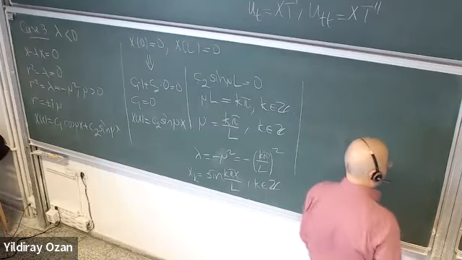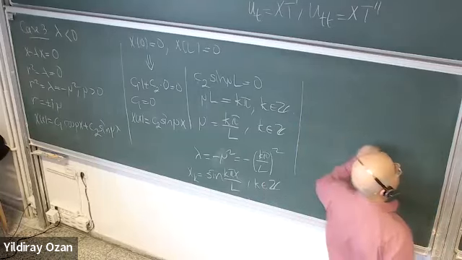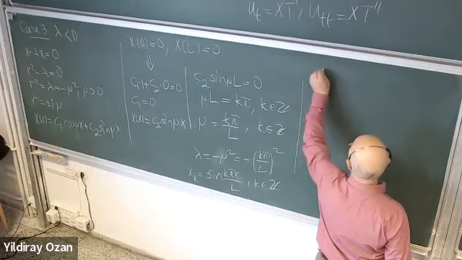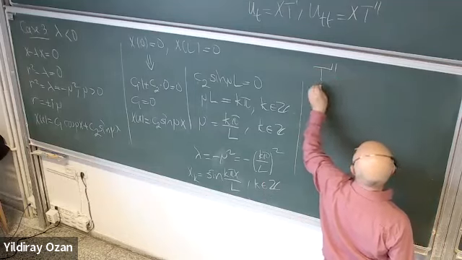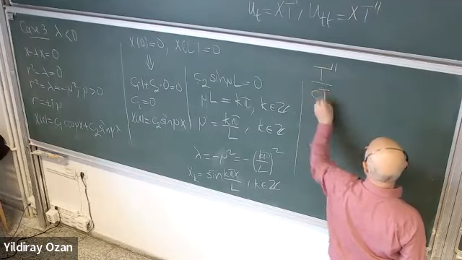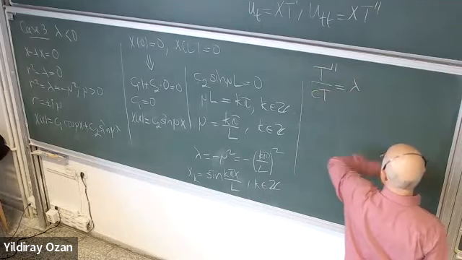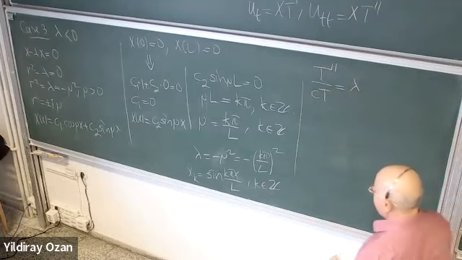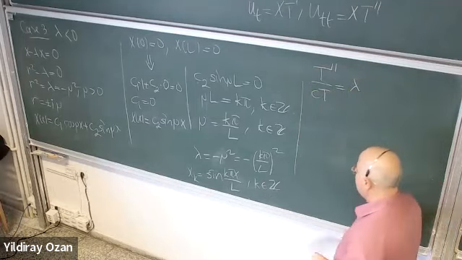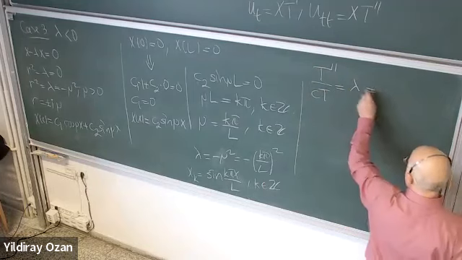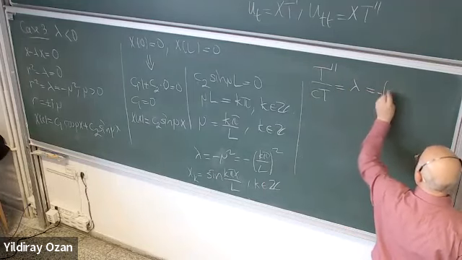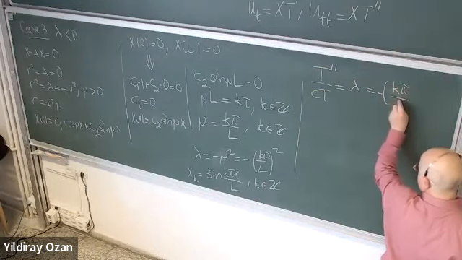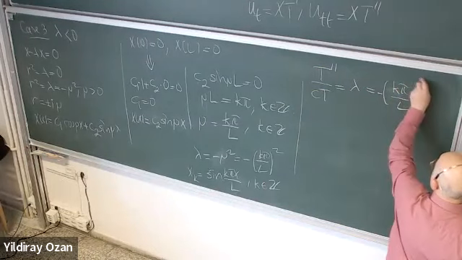What about T? T of t satisfies this condition. This divided by this is equal to lambda, and lambda is just this expression here, minus k pi over L squared.